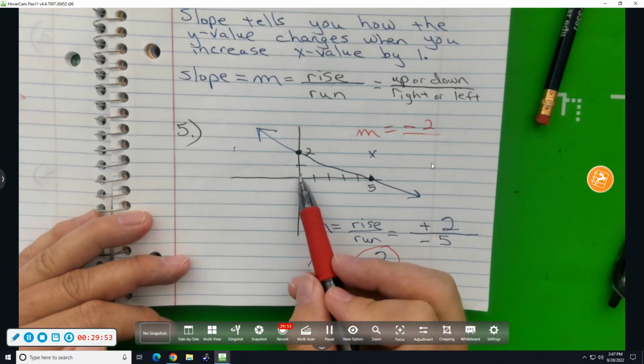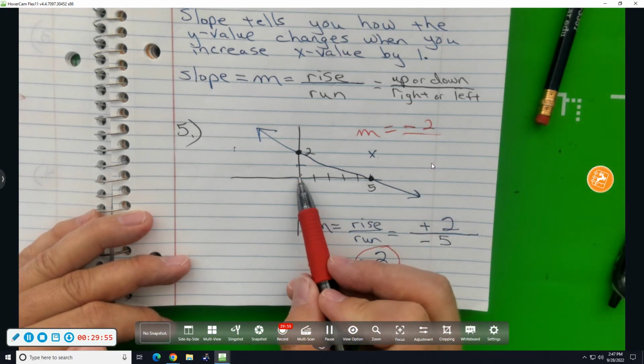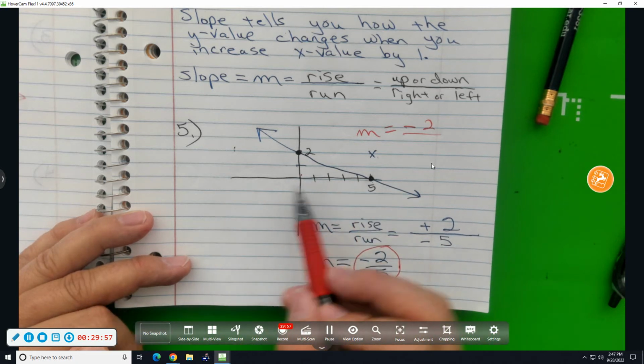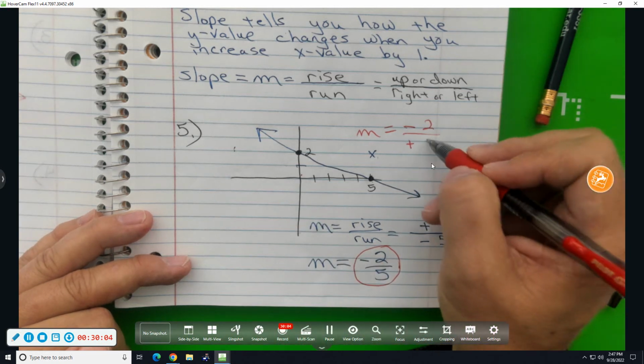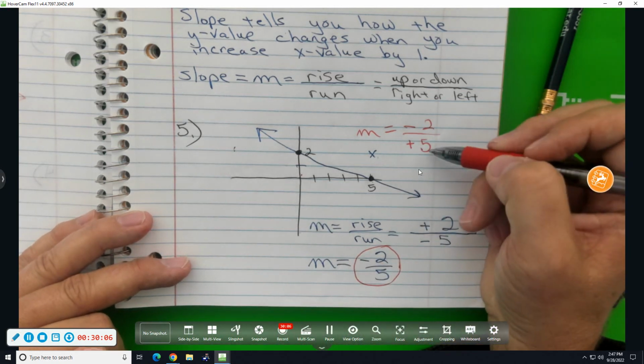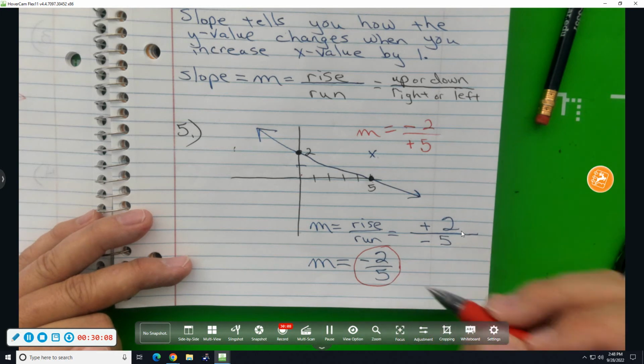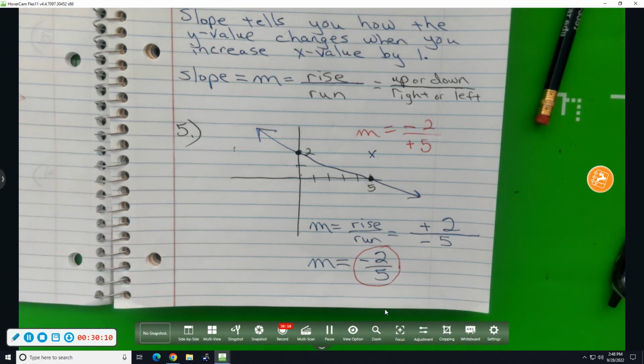Now we have to move left or right. Are we moving in the positive or negative direction? We're positioned here, so positive direction. How many units? 5. Negative 2 divided by positive 5 is still negative 2/5. So it doesn't really matter. Start at one point, use rise over run to get to the other point.